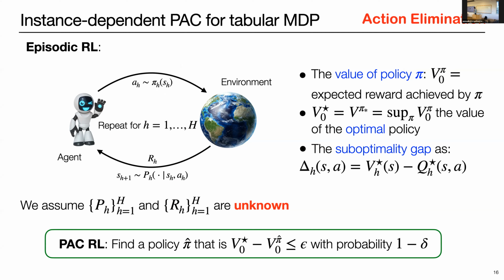All I want at the end of the day is for you to return some policy pi hat that's epsilon optimal using as few total interactions with the environment as possible. I just want you to return some pi hat to me at some point in the future, and that time is supposed to be as short as possible under this guarantee.